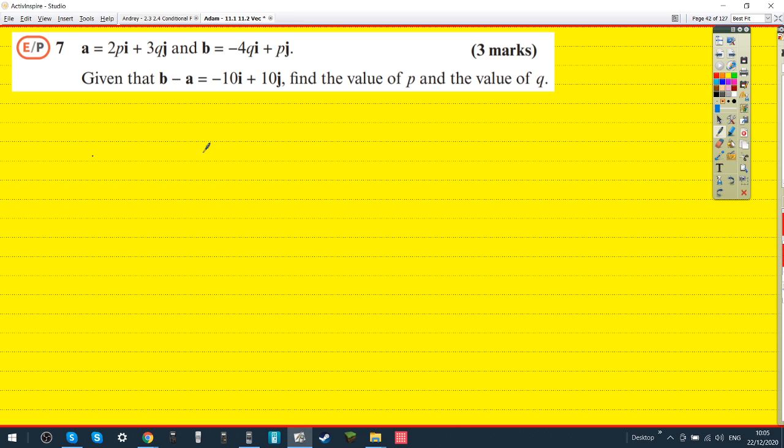So wouldn't B minus A be -10I plus 10J, but wouldn't it be -10QI plus 10PJ? No. B minus A. What is B?